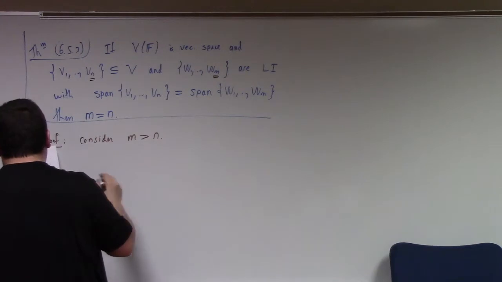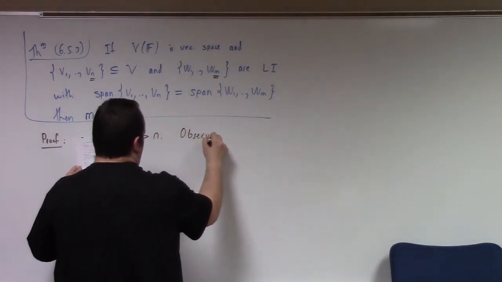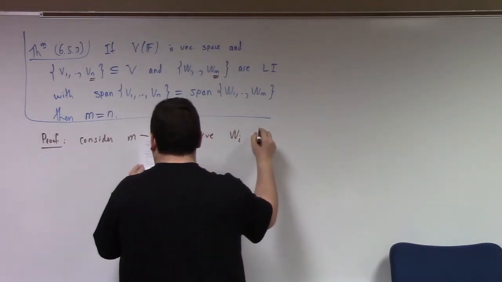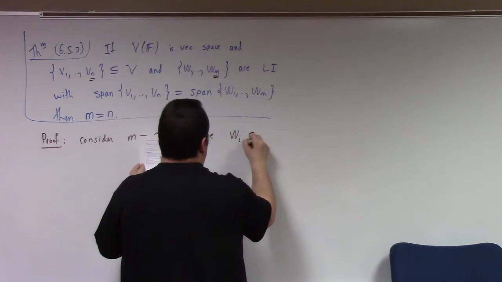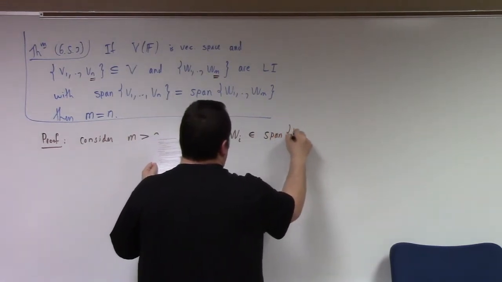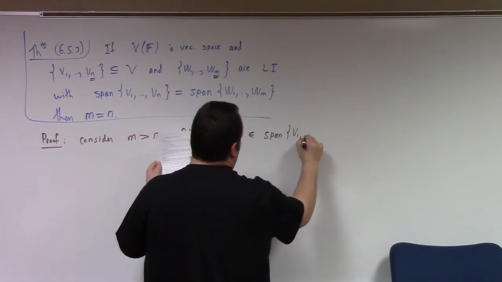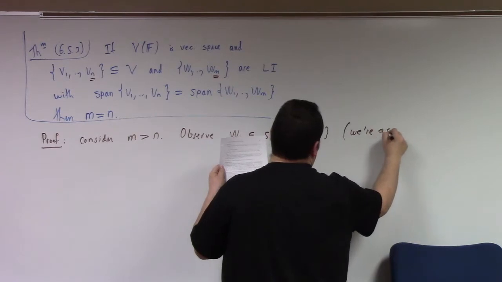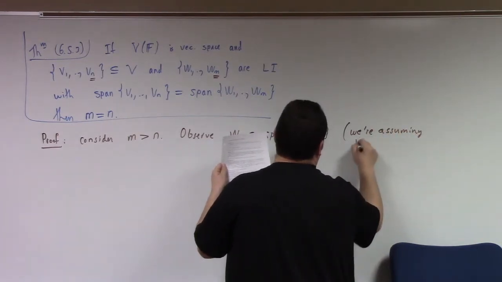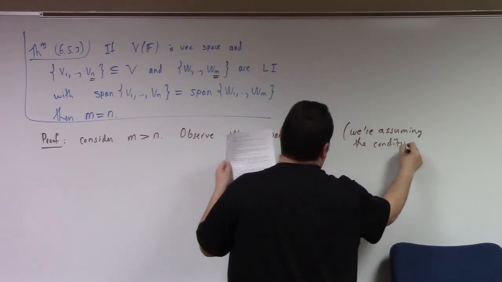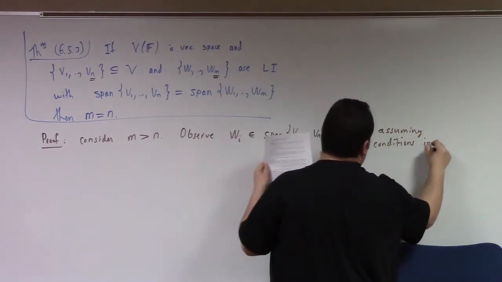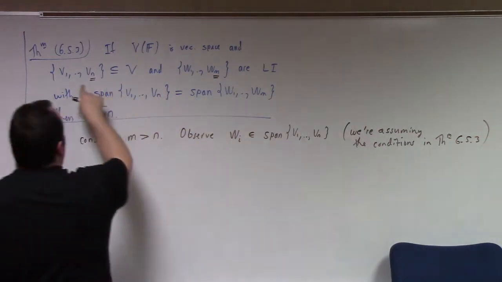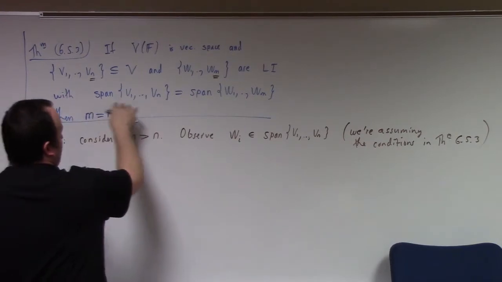If m is greater than n, observe that Wi is an element of the span of V1 through Vn by assumption. We're assuming the conditions in the theorem. One of those is that the spans are equal.